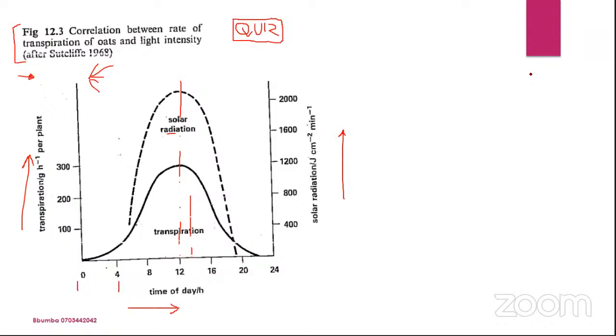Okay. Thank you, Emarot. I like some aspects of your answer, but I need a real reason why the rate of transpiration is increasing rapidly. Is it because of temperature when the sun is out?